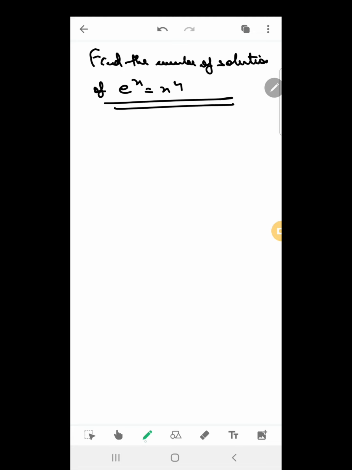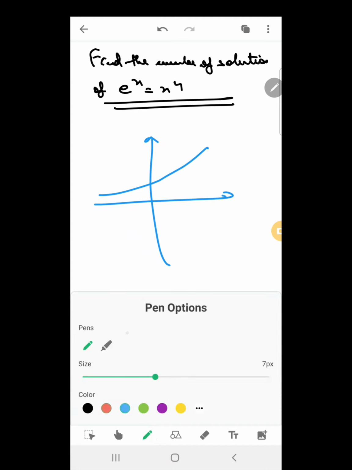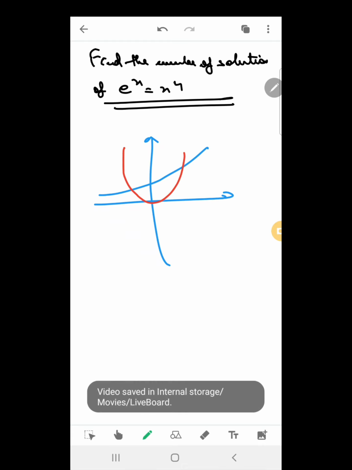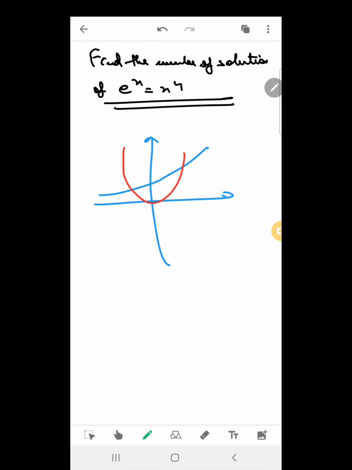To find this you need to understand the graph process. You can easily graph e to the power x like this, and x to the power 4 looks something like this. Clear? So you have two intersecting points, one is this one, one is this one. So this will have two solutions.